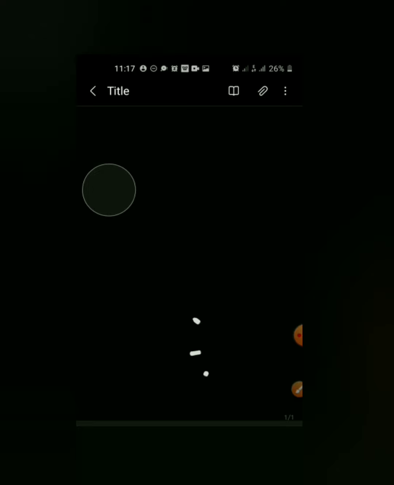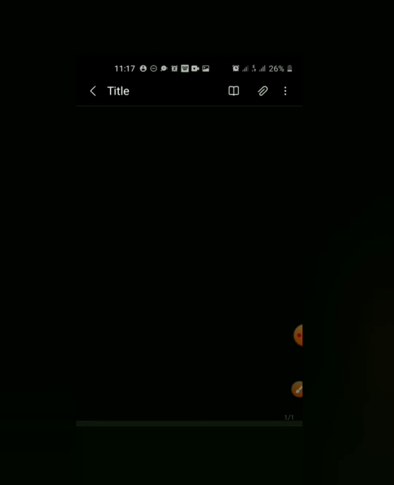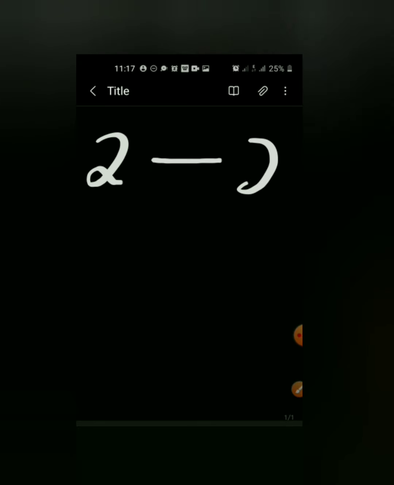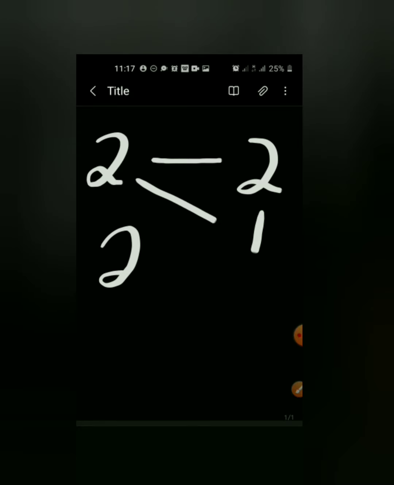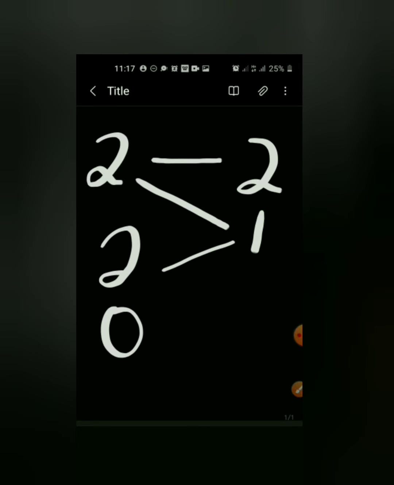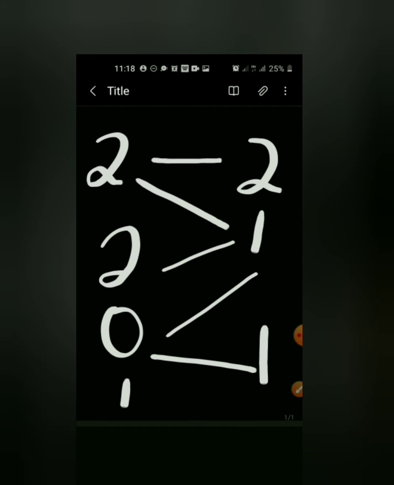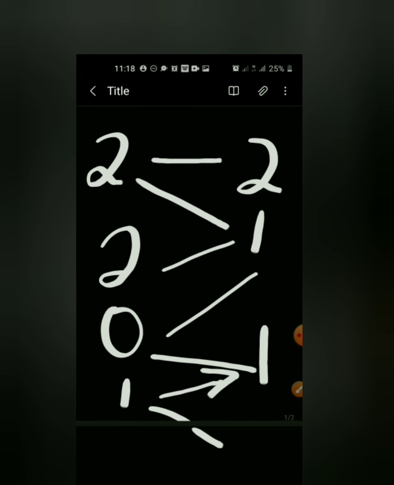So that is called one-to-many. Well, many-to-many is, for example, we have 2 connects to negative 2, 2 and 1, 0 connects to positive 1, 0 to 1, negative 1. So that is called many-to-many.